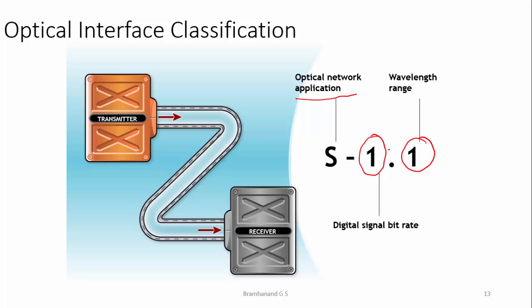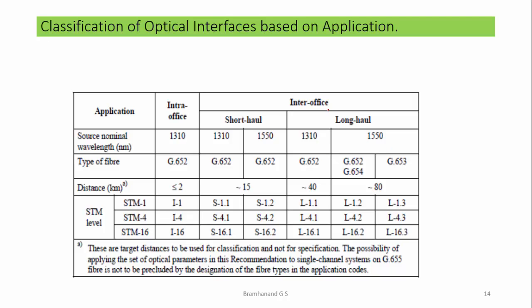So these three parameters are very important to classify my optical devices. This is based on G957, wherein the classification is done based on the optical interfaces and the applications that are being used.